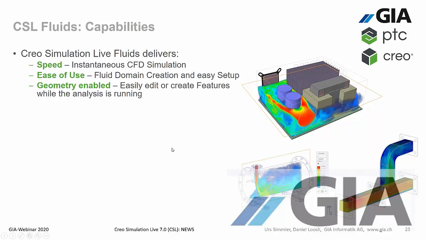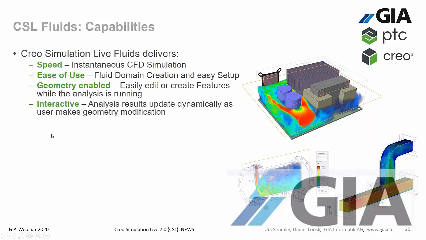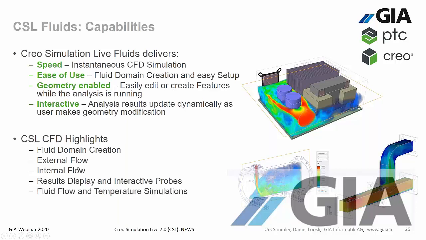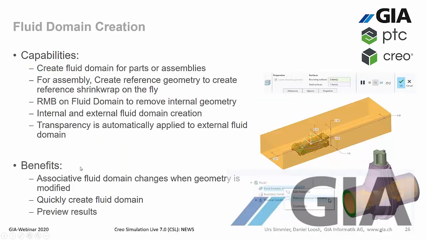Was it a perfect change, or was it a bad idea? What is a good idea? So it's really designed for engineers, for developers in the design process. It's interactive. You see the results online, you see the changes immediately. And of course, you have to build your models. We will go through that. You have to build a fluid domain.